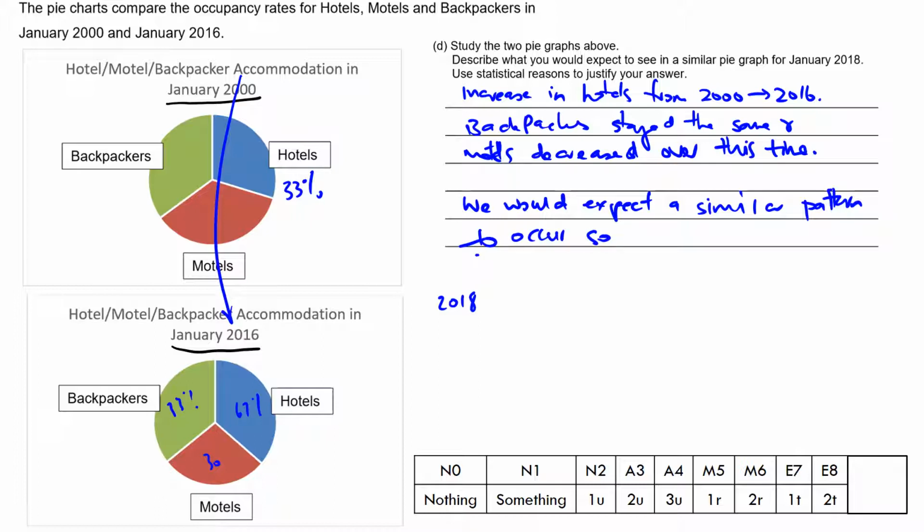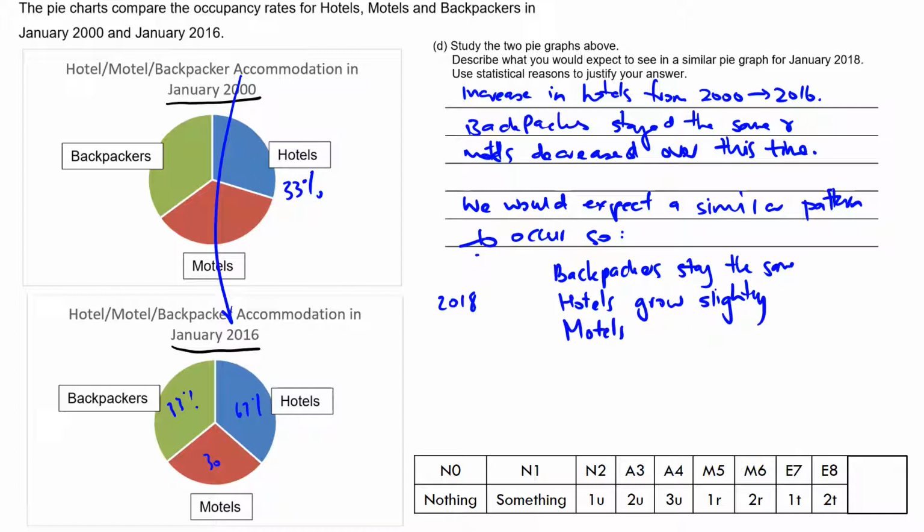So what we would expect to see is backpackers stay the same, we'd expect hotels to grow slightly, and we'd expect to see the motels decrease slightly.